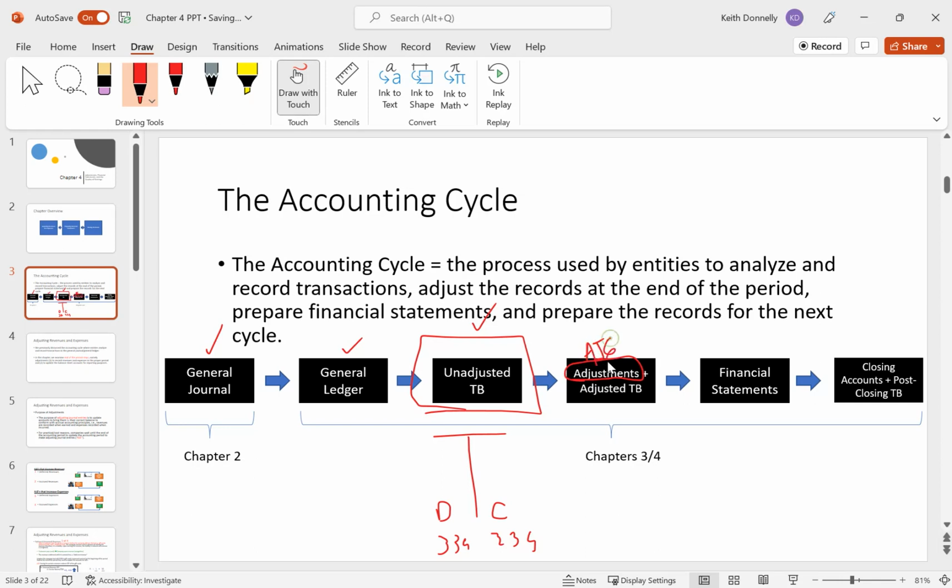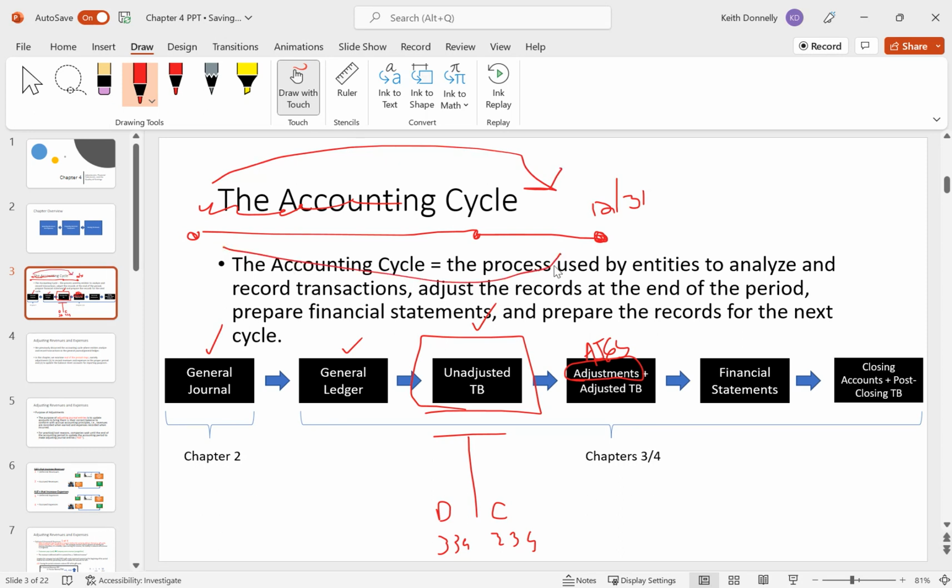Our AJEs. So in other words, we started here and now we're here on the timeline. But some time has passed. Maybe we're at the end of the year. And from these transactions, we've got to accrue our revenues or our expenses for those that we've earned or incurred, okay?